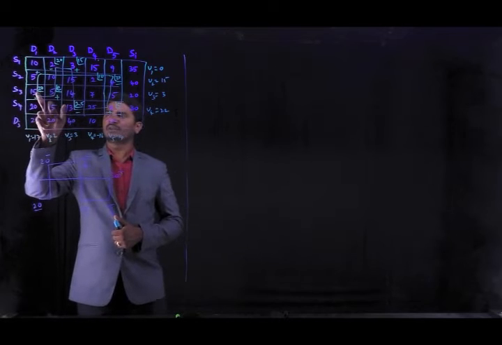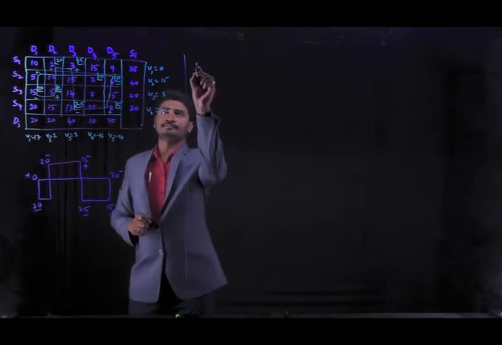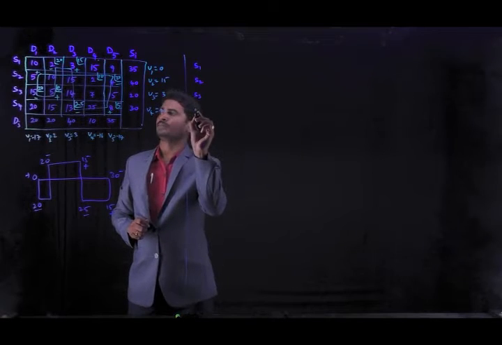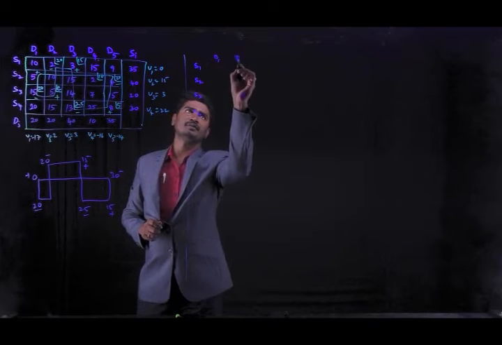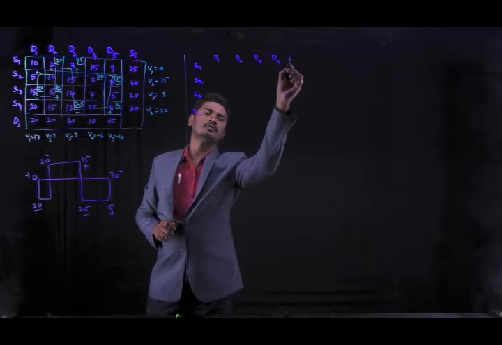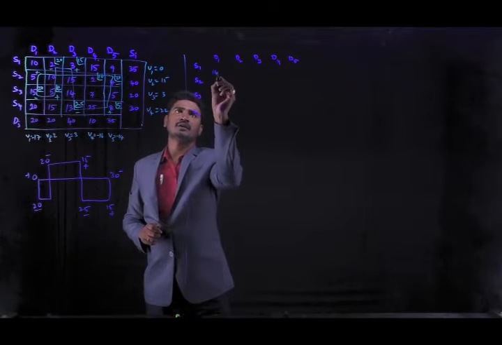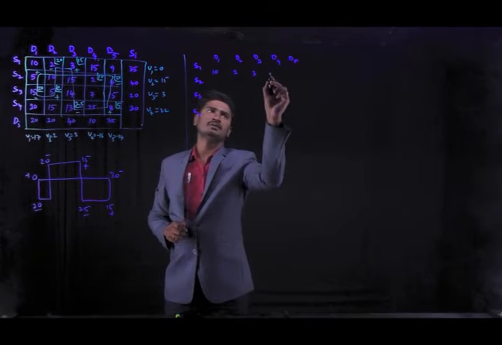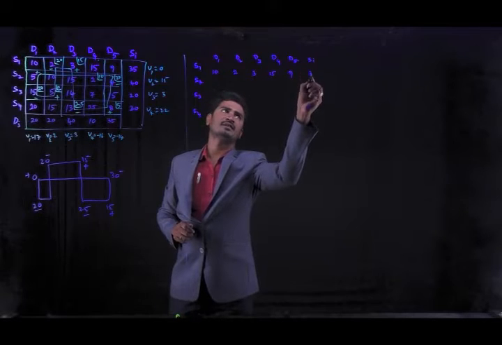I am going to transfer this 20 units throughout the loop in this table: S2, S3, S4, D1, D2, D3, D4, D5. Here the cost values are 10, 2, 3, 15, 9, and the supply value is 35.